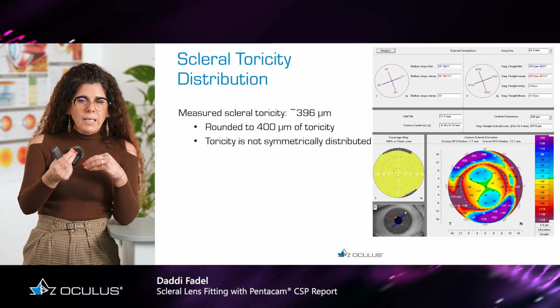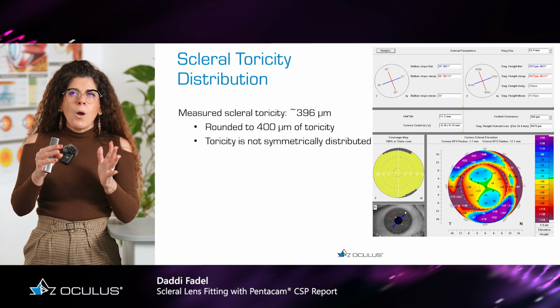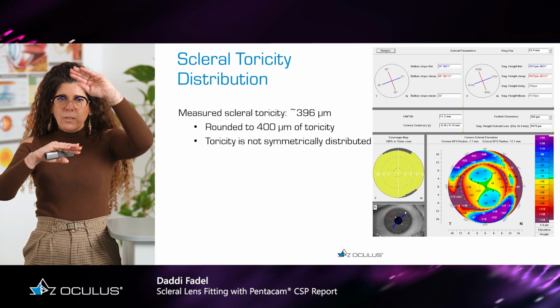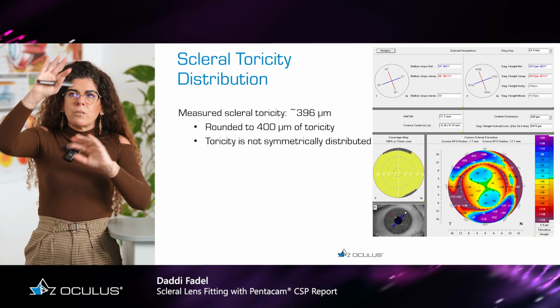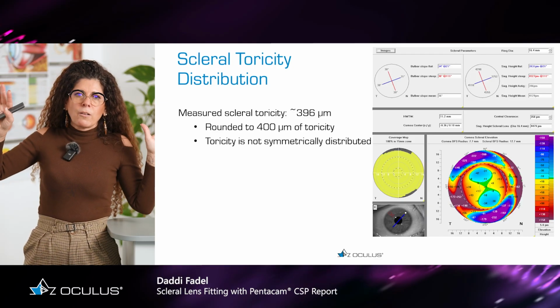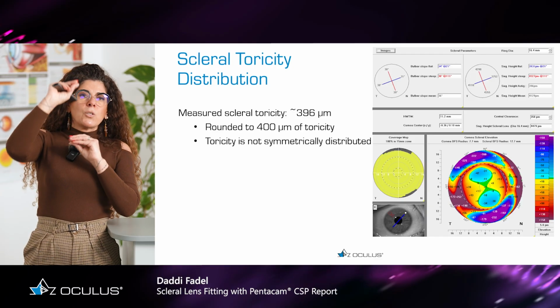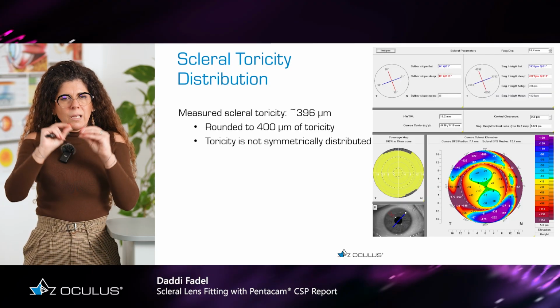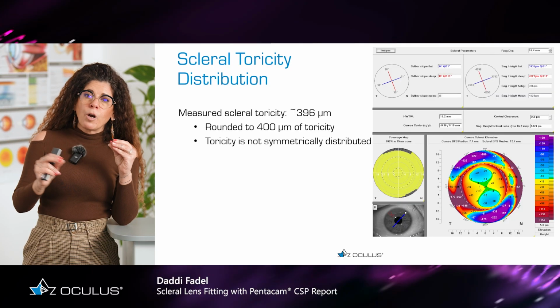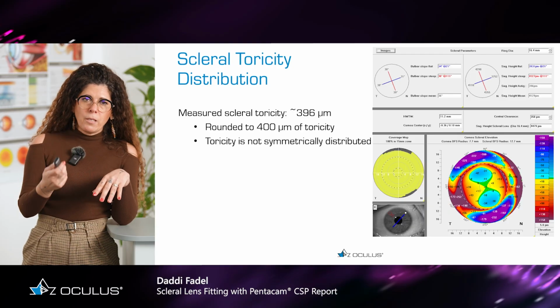However, how is this distributed on the ocular surface? Would it be minus 200 and plus 200, or minus 50 microns and plus 350 microns, or minus 100 microns and plus 300 microns?